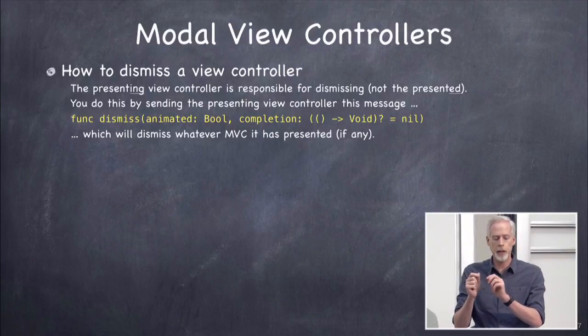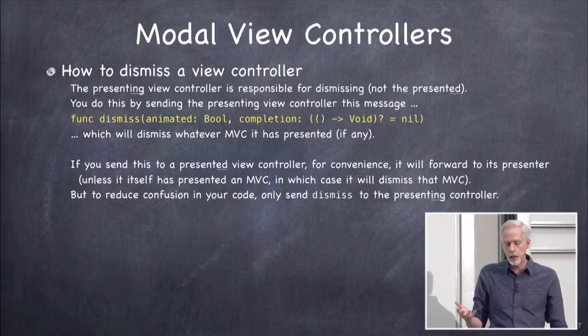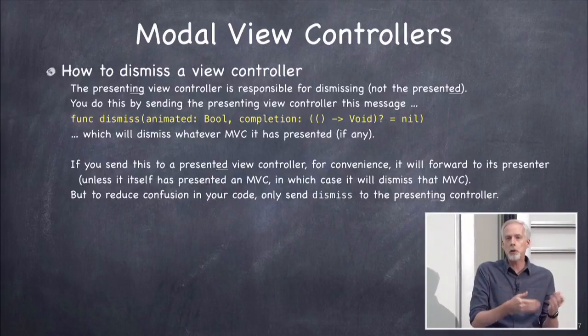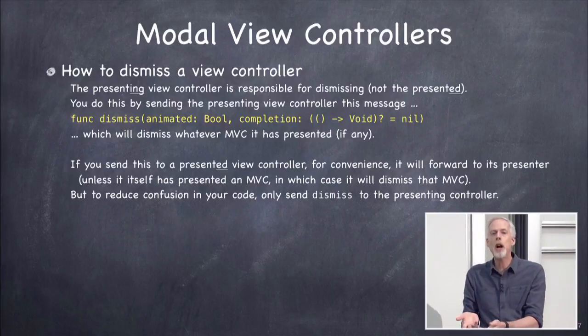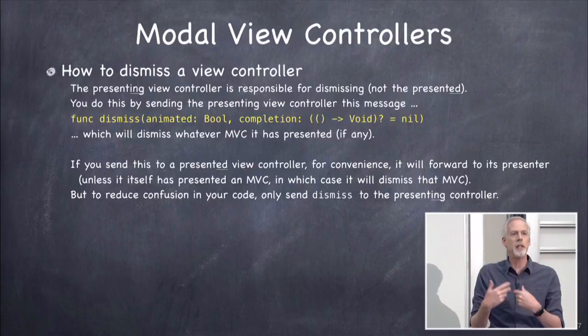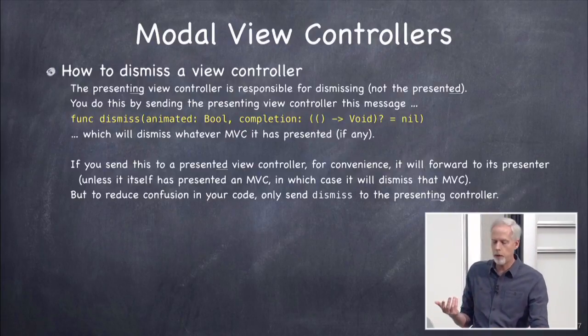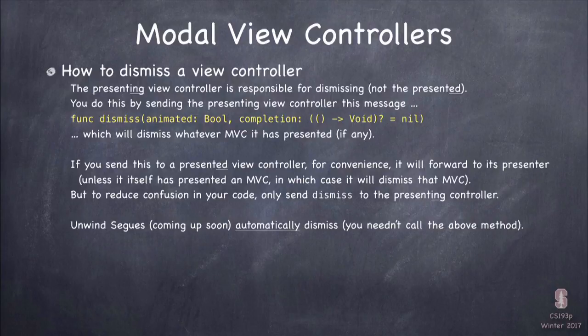Dismiss ones I've put up. And the good news is, a lot of times you want to do this in the cancel button of the thing that was presented, but of course it can't send this to itself. But luckily, every view controller knows who presented it. There's a var called presenting view controller, and it can send dismiss to its presenting view controller. You'll see that in the demo as well.